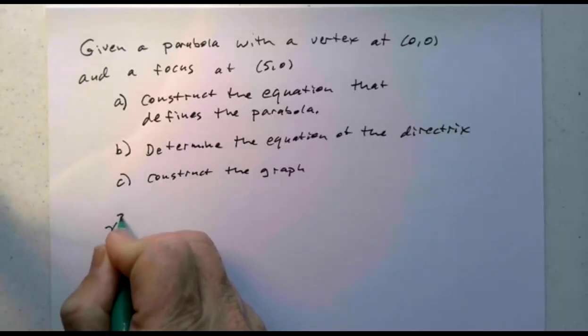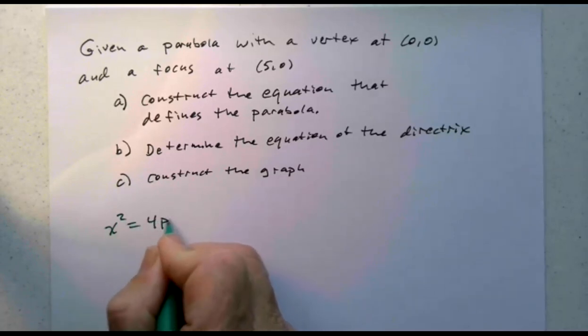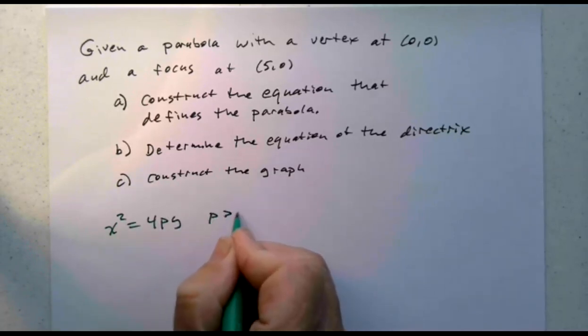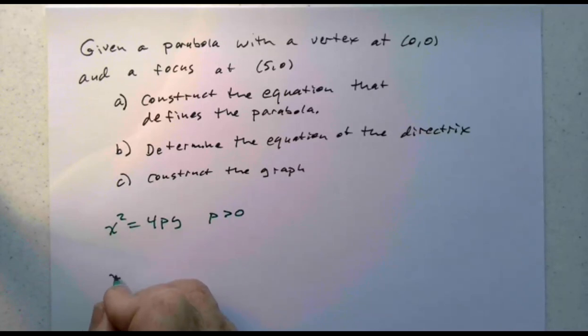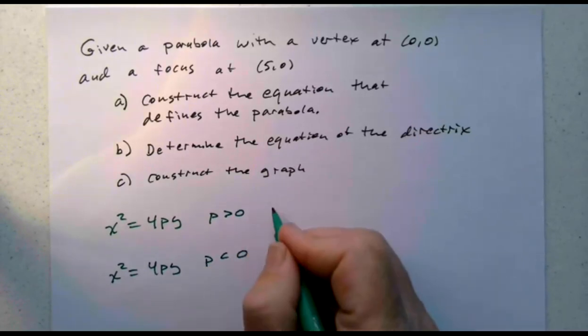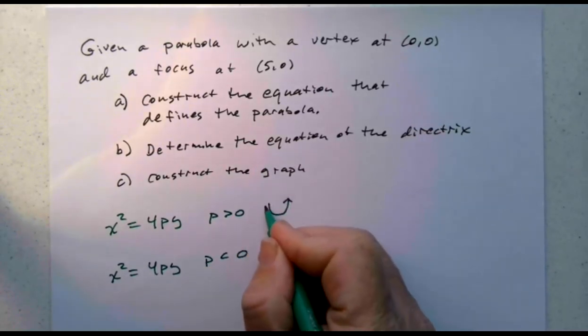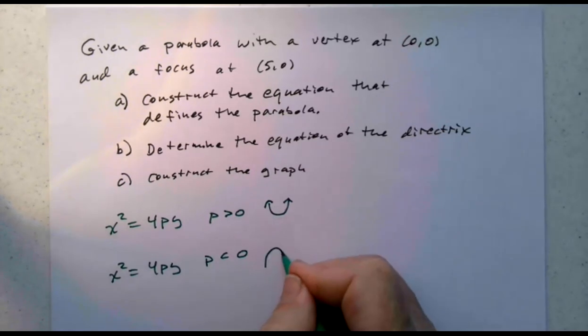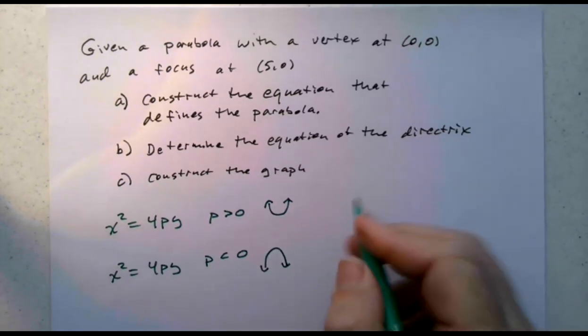We have x squared equals 4py for p positive, and x squared equals 4py for p negative. If x squared is 4py, it grows this way if p is positive, and this way if p is negative.